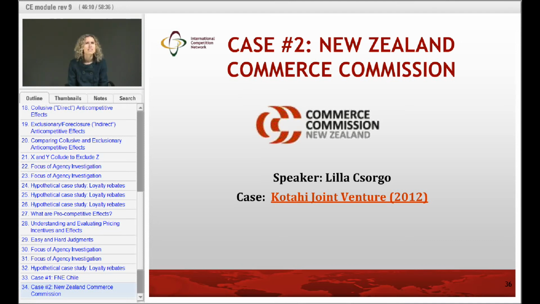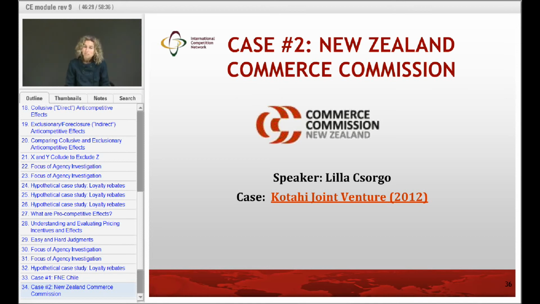So the question that the Commission faced from a legal perspective was whether Katahi as a buying group for exporters would result in the lessening of competition. And if it did, whether the detriments of that would be outweighed by the net public benefits.